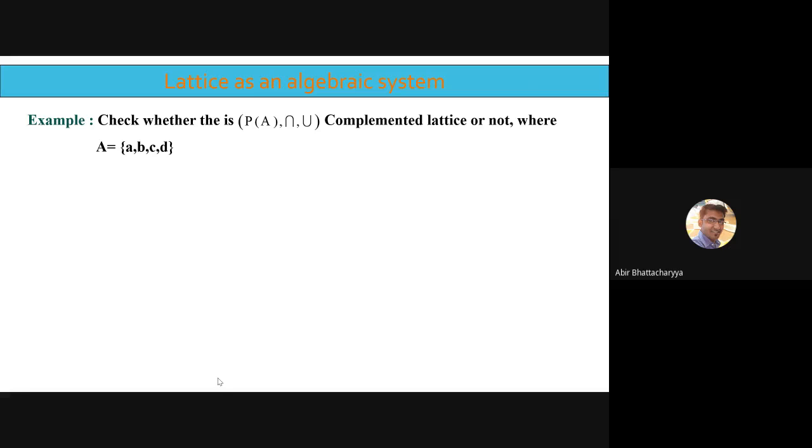A equals ABCD, 4 elements are there. Think about this. You don't need to show that it is a lattice. It is a lattice. Just check only the boundedness and whether it is a complemented lattice or not.